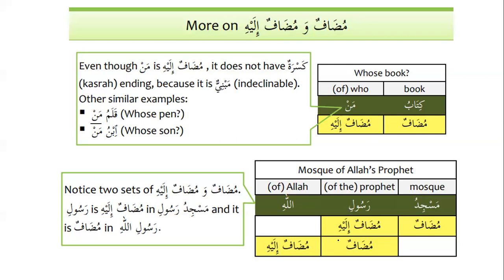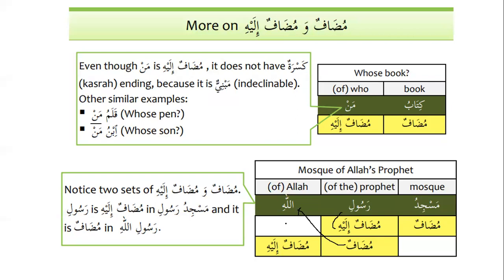And we also know that there can be more than one mudaf and mudaf ilayh. So what will we do if we have more than one? It's very simple. The middle one will be mudaf and mudaf ilayh. When we say masjidu rasuli, Rasul here is mudaf ilayh for masjid. However, for the noun that comes after that, it becomes mudaf.